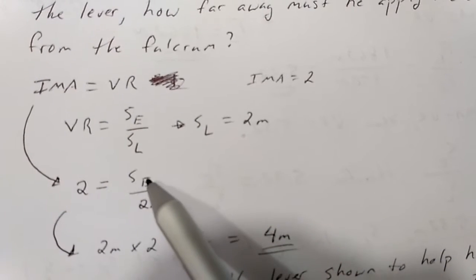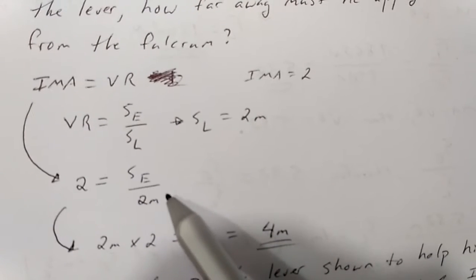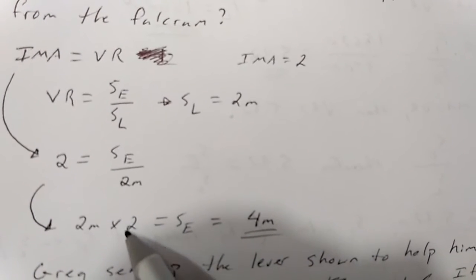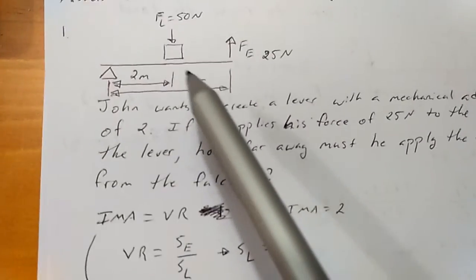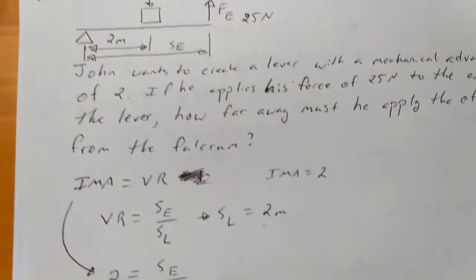So 2 is equal to the distance of the effort over the distance of the load. And if we put this over on this side, we get 2 meters times 2 is equal to 4 meters. So the distance away from the fulcrum for the effort must be 4 meters.